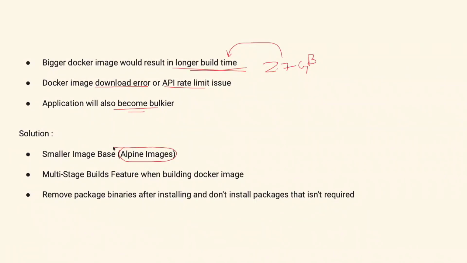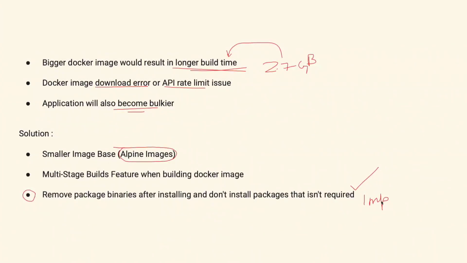And last point, and the most important point, is remove package binaries after installing them, and don't install packages that aren't necessary. The third point I would say is the most important one, because a lot of people tend to install a bunch of packages which probably will never be used in the application.